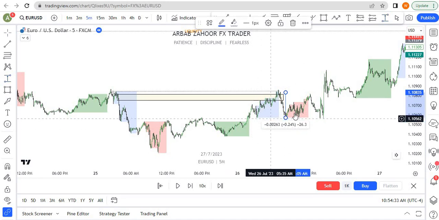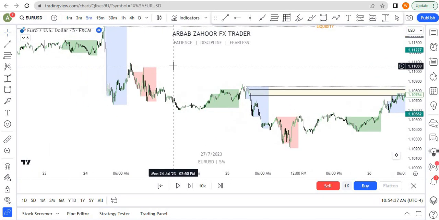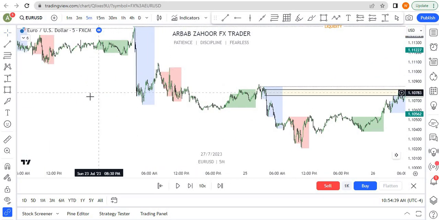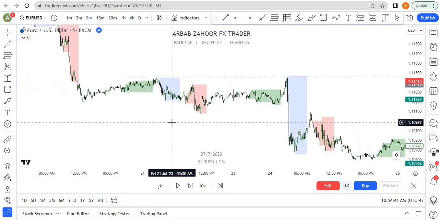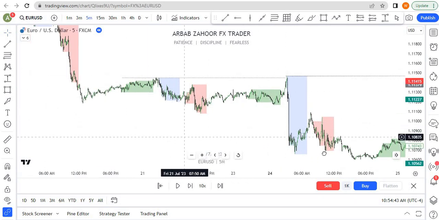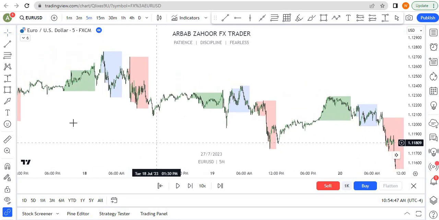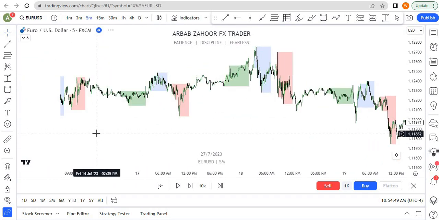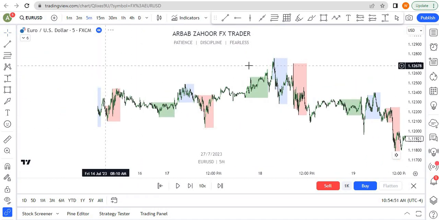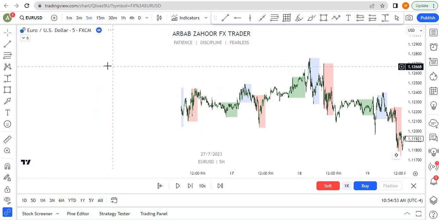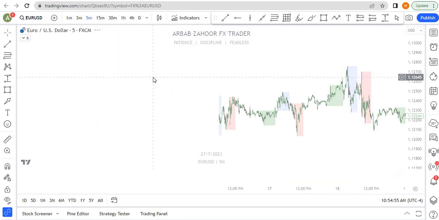This was the liquidity area, price took it and went upside. You can also find another area like this one, and we can see if we find any trade. Sorry guys, my net was slow.